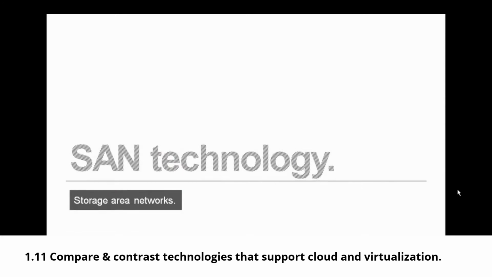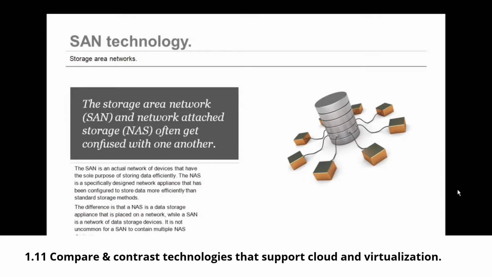It's time now to discuss some SAN technology. The storage area network, or SAN, and the network attached storage, or NAS, often get confused with one another, but they are different. The SAN is an actual network of devices that have the sole purpose of storing data efficiently.